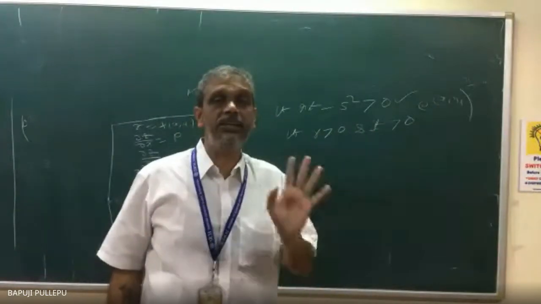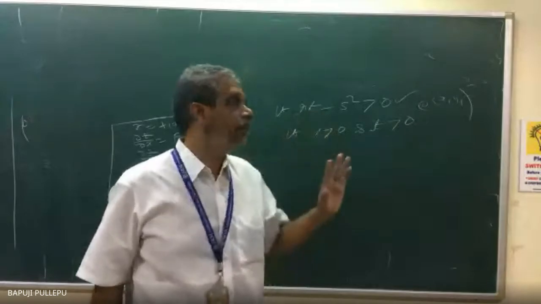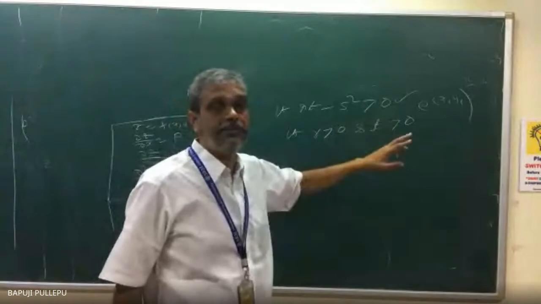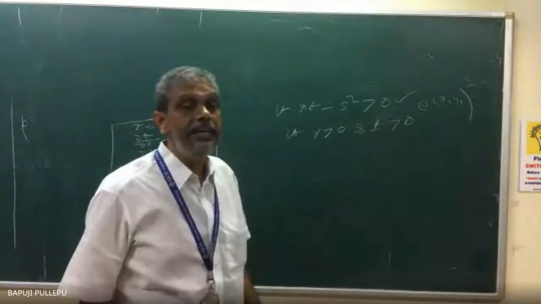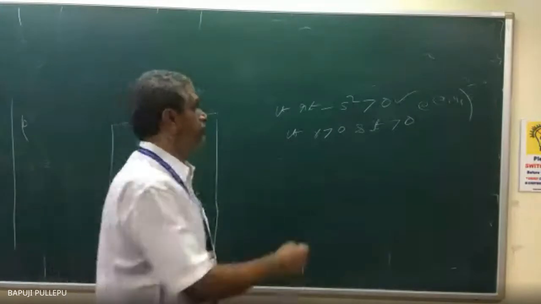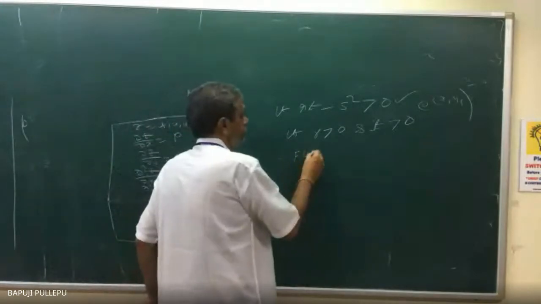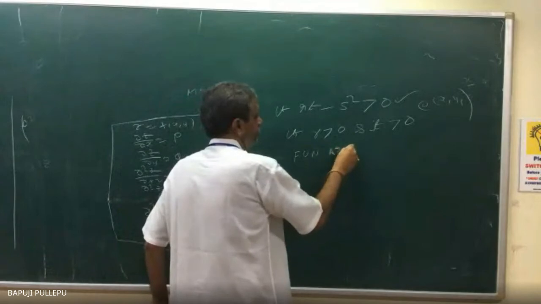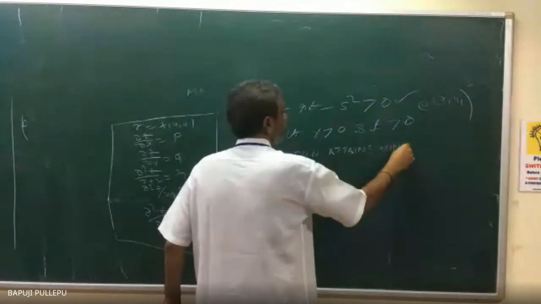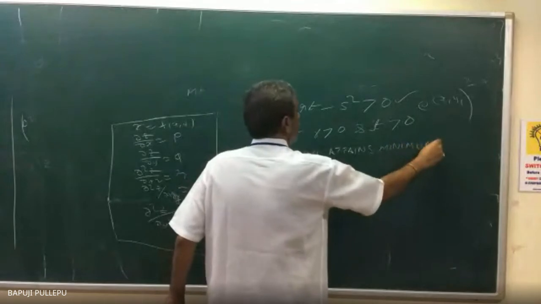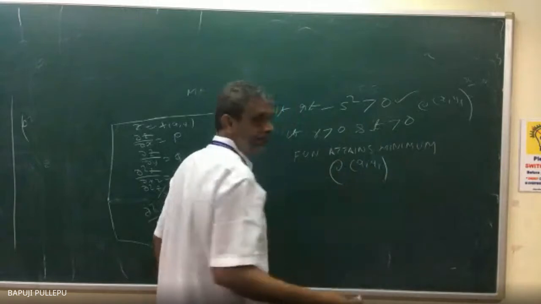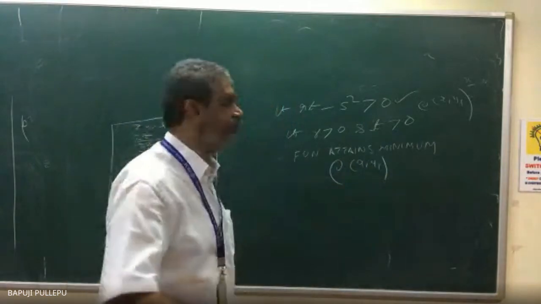R greater than 0 and T less than 0 cannot happen, don't worry. So RT minus S square greater than 0 means this fellow greater than 0, this fellow also greater than 0. Then you can say the function attains minimum. Minimum at where? Minimum at x1, y1.